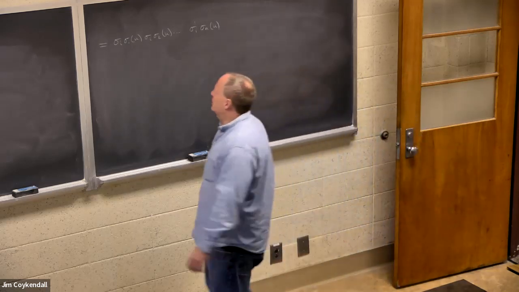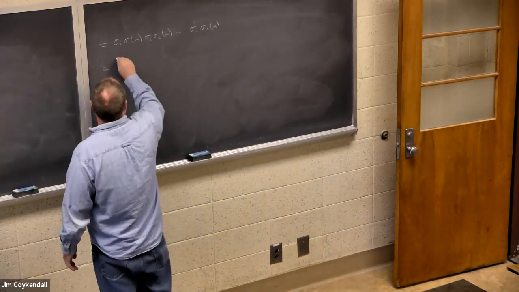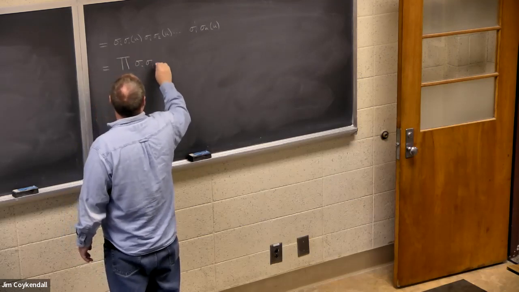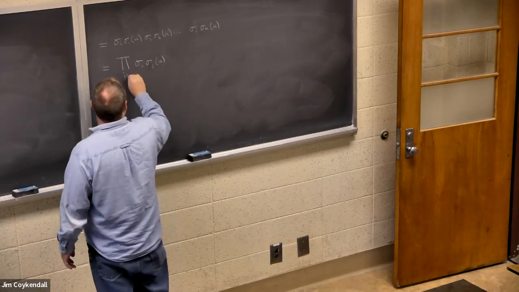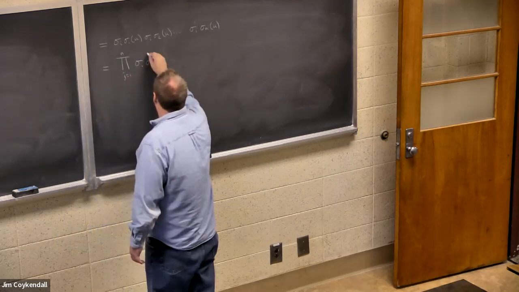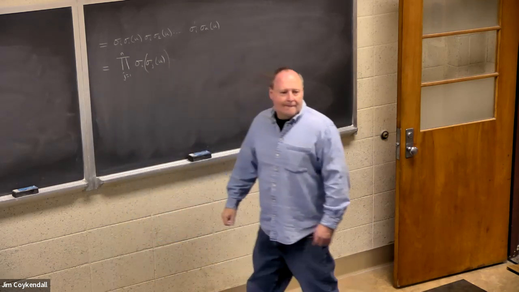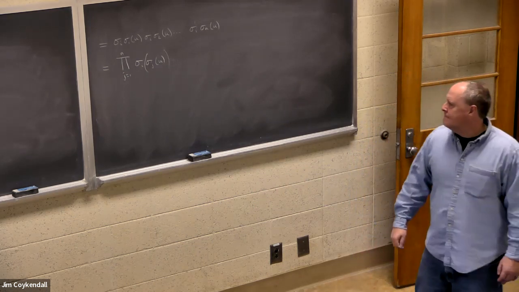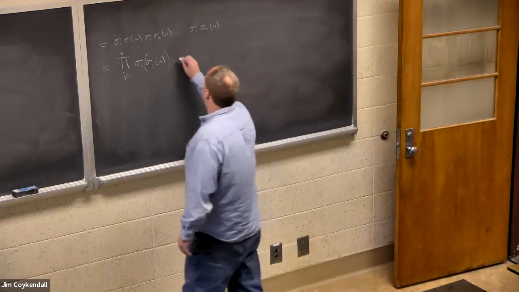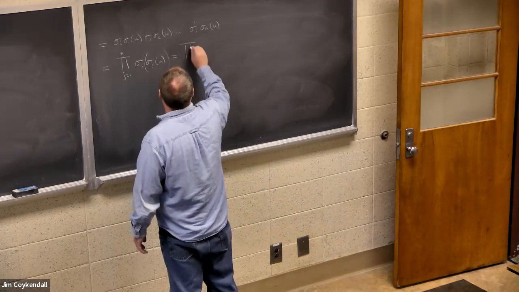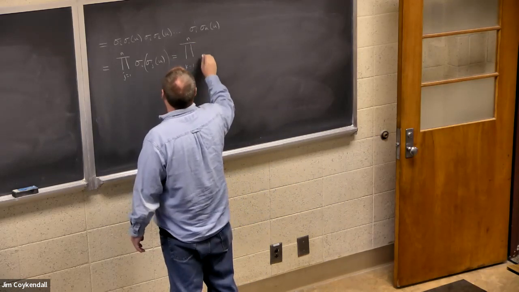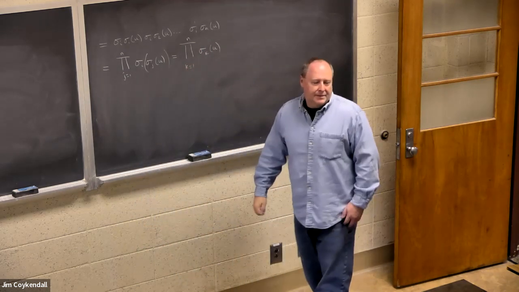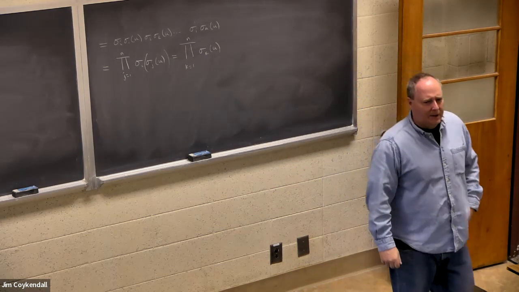So I could write it this way: this is the product of sigma i sigma j u, j equals 1 to n, which is the same thing as that. Can anybody explain that?